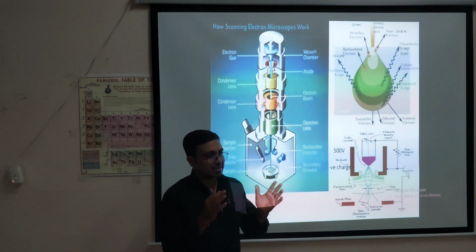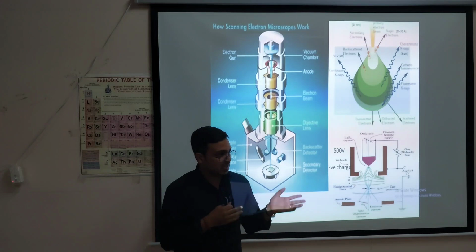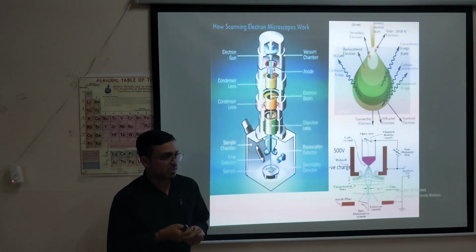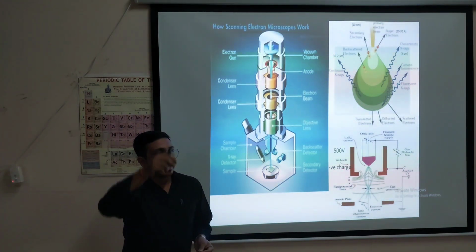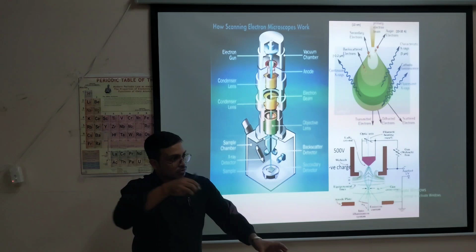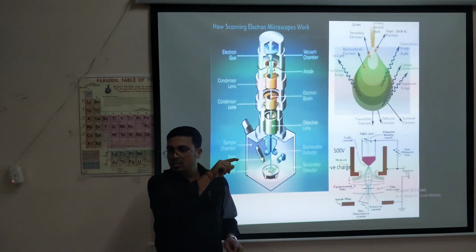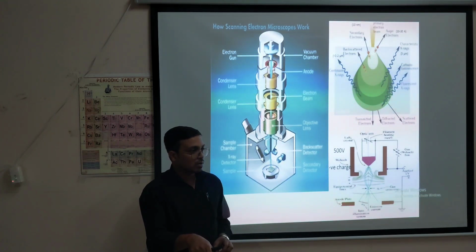Have you any idea about XPS? Previously one of my colleagues was giving a lecture on XPS or something like that. In XPS, what happened? X-ray hits the sample and knocks out the core electrons, and to fill that core electron vacancy, an electron from the upper shell will move.